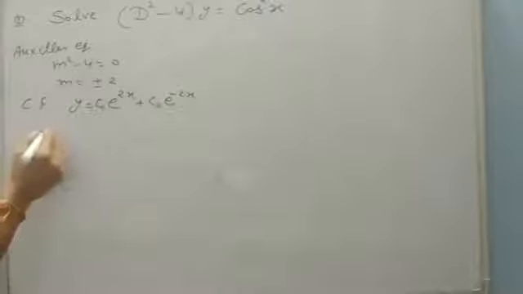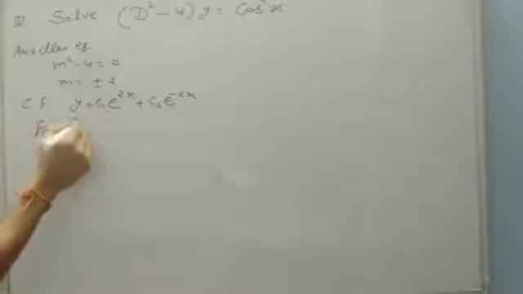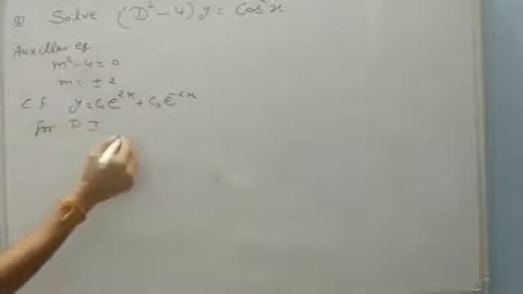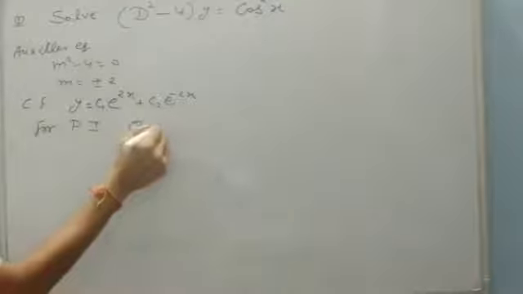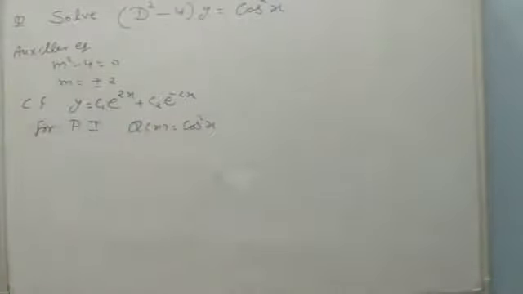Now here, for PI, we can say Q(x) equals cos square x. I have the formula for cos ax, not cos square ax.